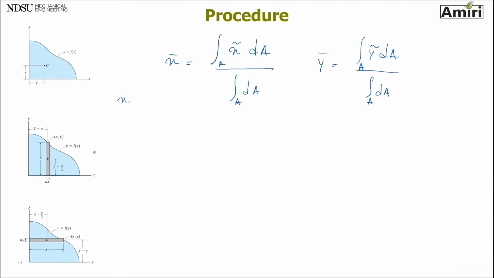We need x tilde, and we need the differential amount of area. X tilde is the distance between the centroid of dA and which axis? It's always opposite, the y-axis.